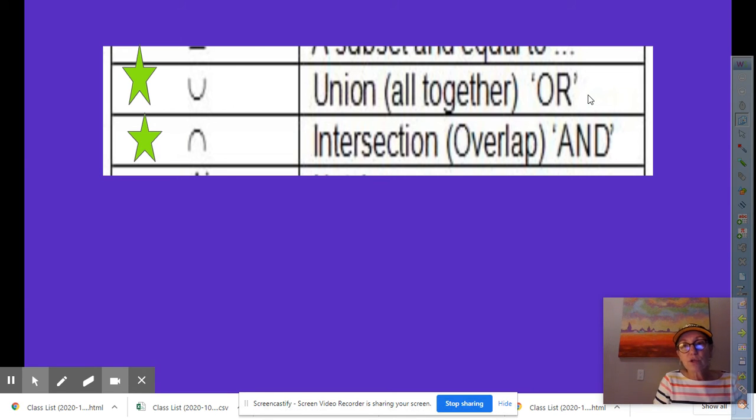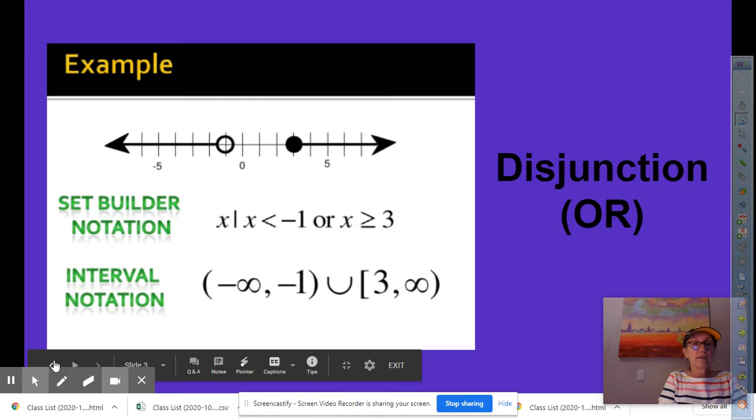And you always use those in OR problems. For intersection or overlaps, we'll use the upside down version of that, and that's the and. So if I go back, because this was a disjunction or an or, I used the union. So your answers are this or that.